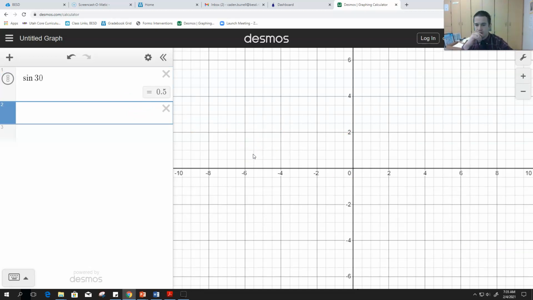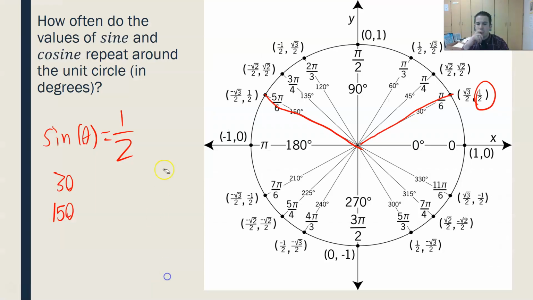If you remember when we were talking about angles a little while ago, if I draw a 30 degree angle, it ends up right here. But that's not the only angle that has that terminal side. Say I go a full circle and then come back to this side right here.